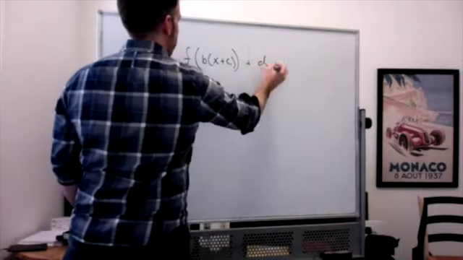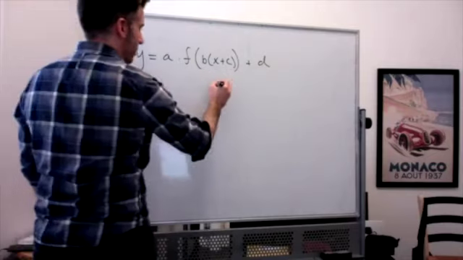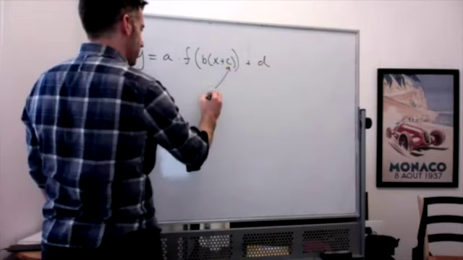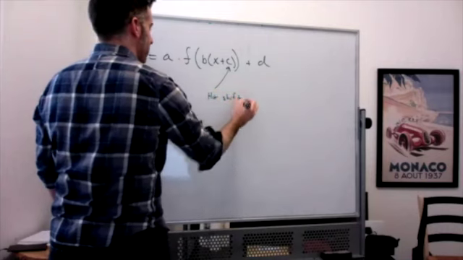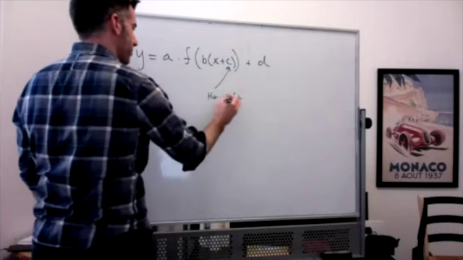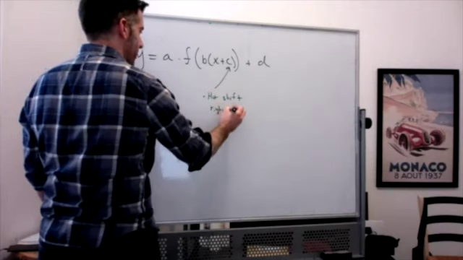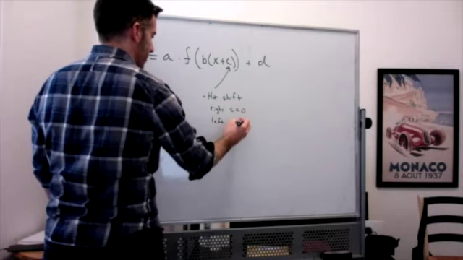So here's what all this tells us. The c is going to be a horizontal shift. It's going to be right if c is less than 0, left if c is greater than 0.